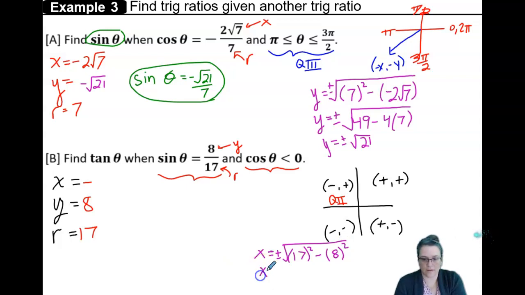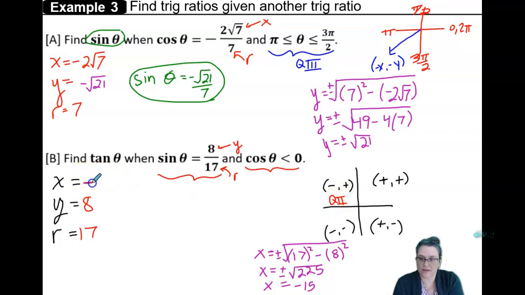And that's going to be x equals plus or minus the square root of 225. And 225 is a perfect square. So x is equal to negative 15. And we're keeping the negative, not the positive, because we are in quadrant 2.